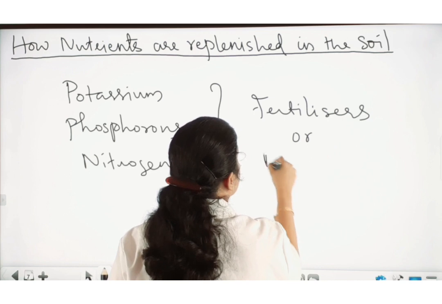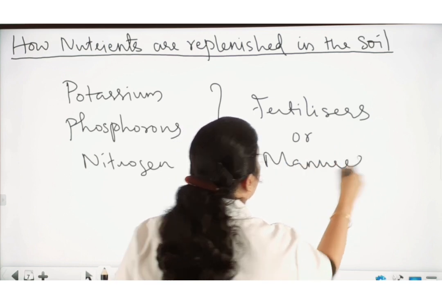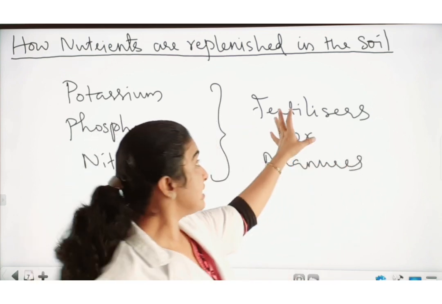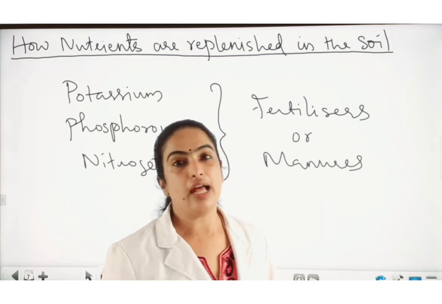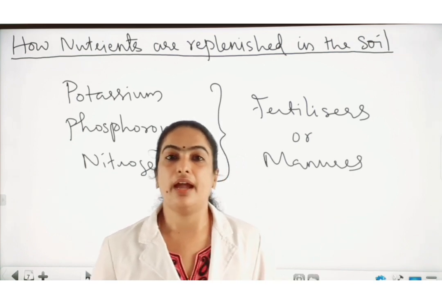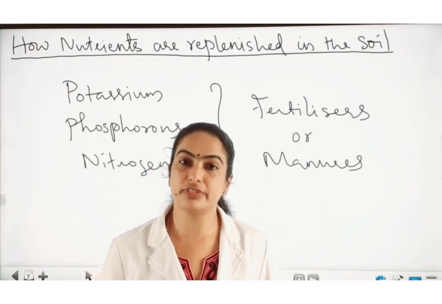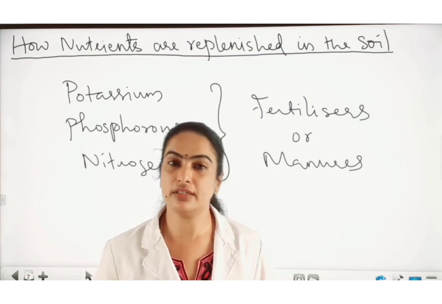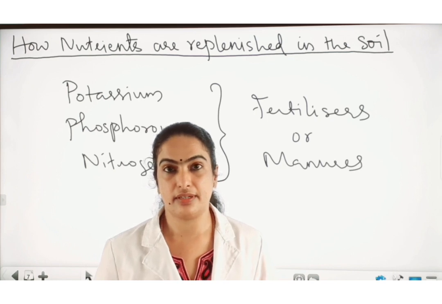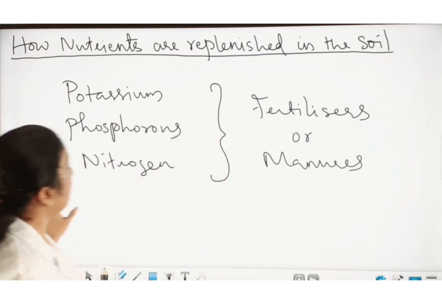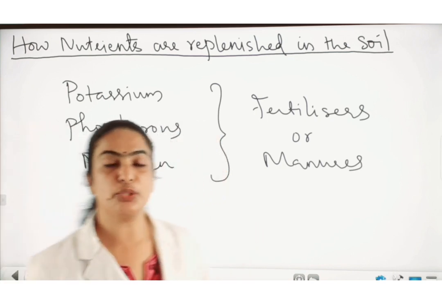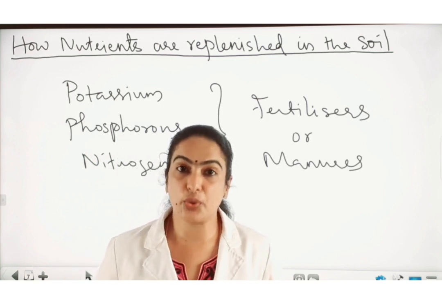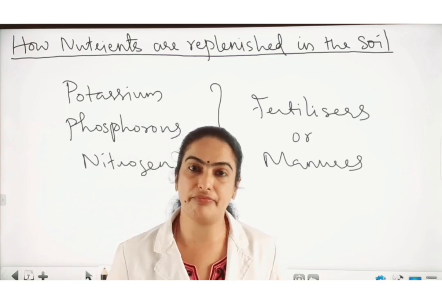Fertilizers or manures. The farmers are adding manures or fertilizers. Fertilizers are chemicals, manures are natural. And the farmers add fertilizers and manures to enrich the soil with the nutrients. Another way to replenish the soil with the nutrient is growing leguminous plants in the crop field.